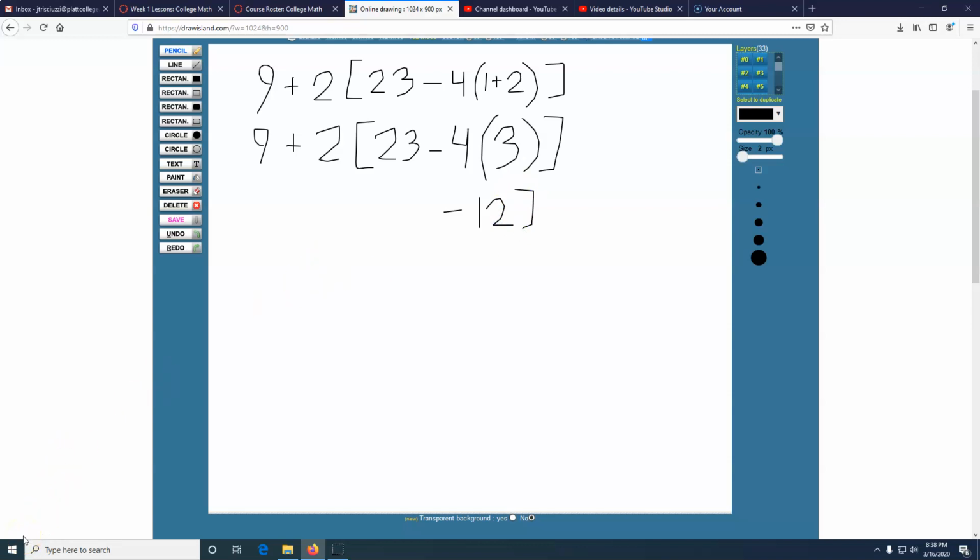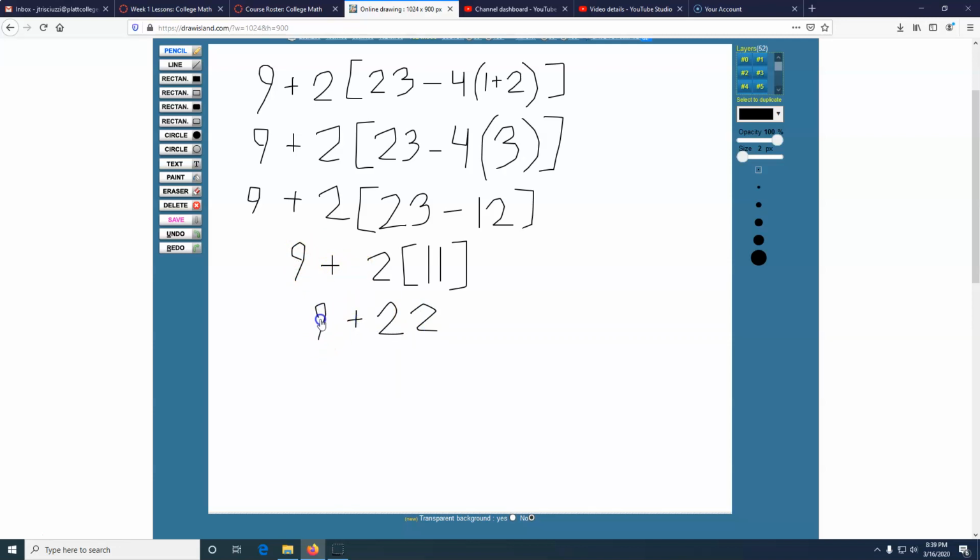Drop everything down. So we're finally at the point where there's only one more thing to do inside the set of brackets. So we go ahead and we subtract 23 minus 12, which gives us 11. So from there, we can continue on. 2 times 11 is 22, not 11 here, right? You're going to add a 9.